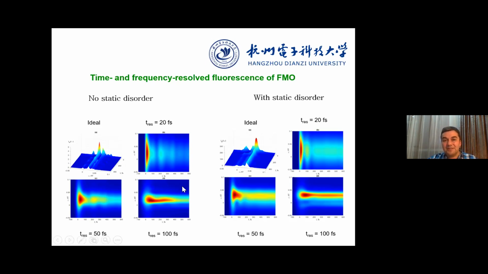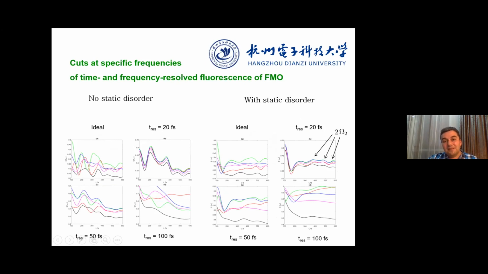Definitely there is some difference, and definitely you can see that time resolution and frequency resolution affect the signals. And maybe you can say that these signals on the right panels, which are calculated with static disorder, are more regular. So the oscillations which you can see here are more regular than the oscillations here, for example. But to get a better view and better understanding of what is going on, let's have a look at the cuts of these spectra, which are plotted here.